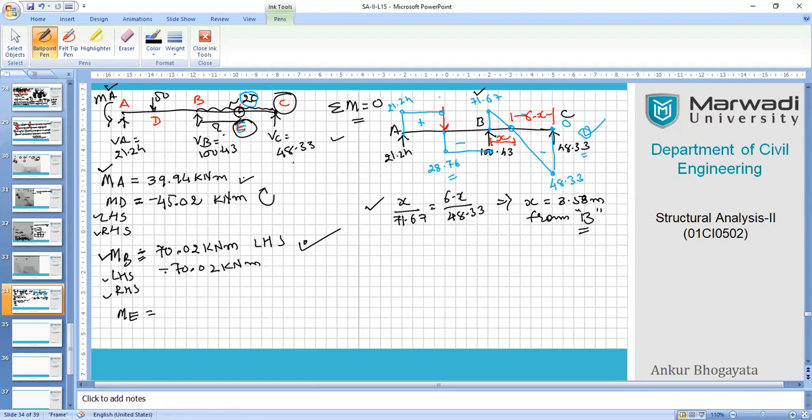On the right hand side, it is positive. So give me the value of ME and raise your hand once you are done. I know it is a little lengthy, but I'm sure that you guys can manage it.